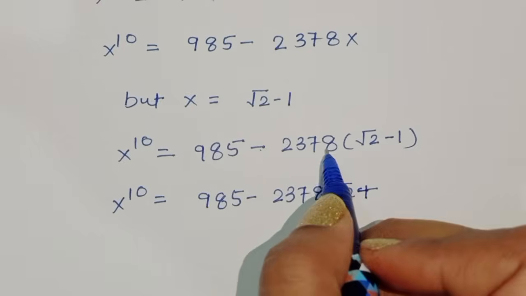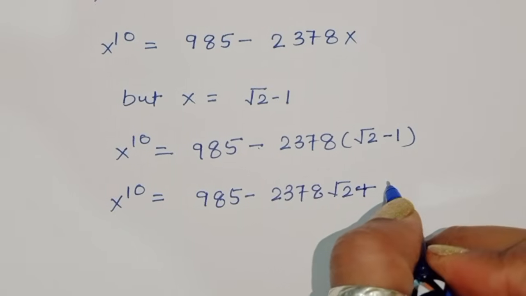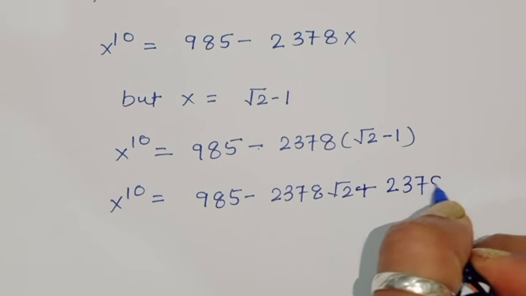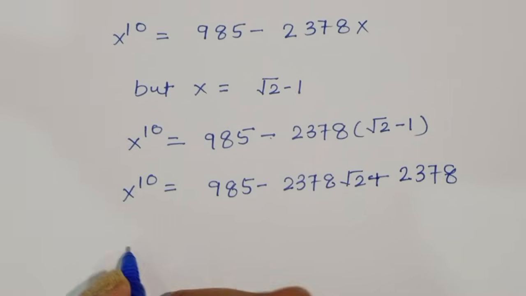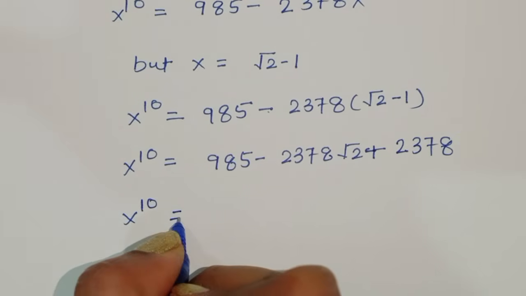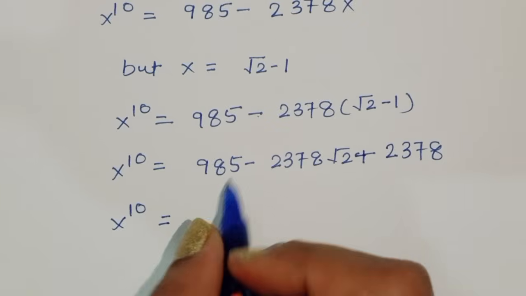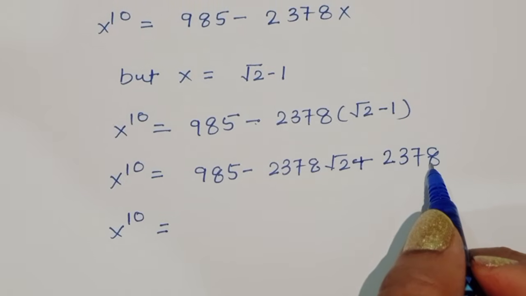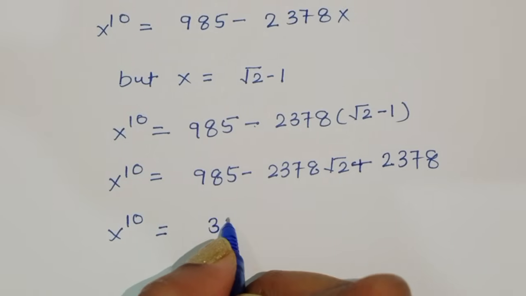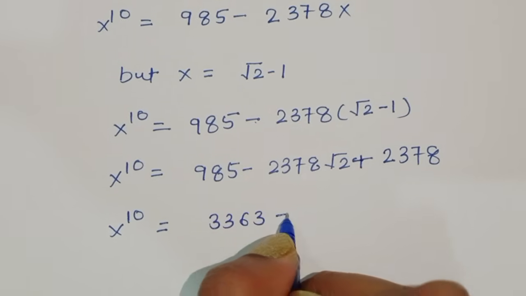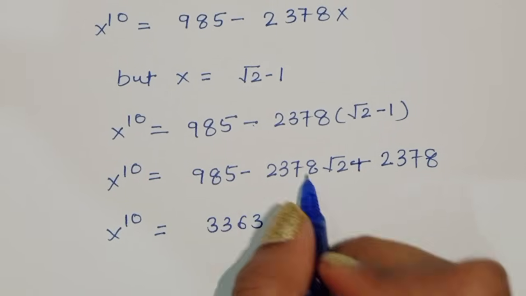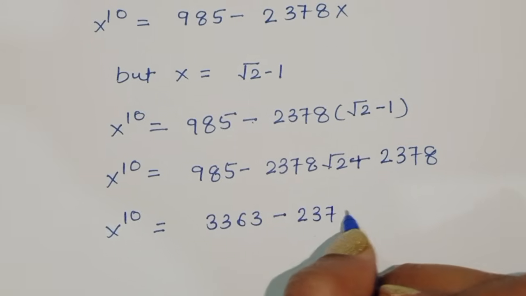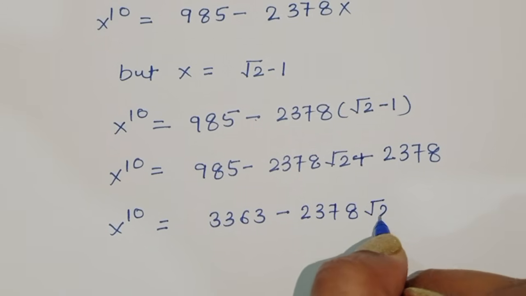So 2378 times 1 will become 2378. Now x power 10 is equal to, because we have to add this term, 985 plus 2378. So it will become 3363 minus 2378 square root of 2.